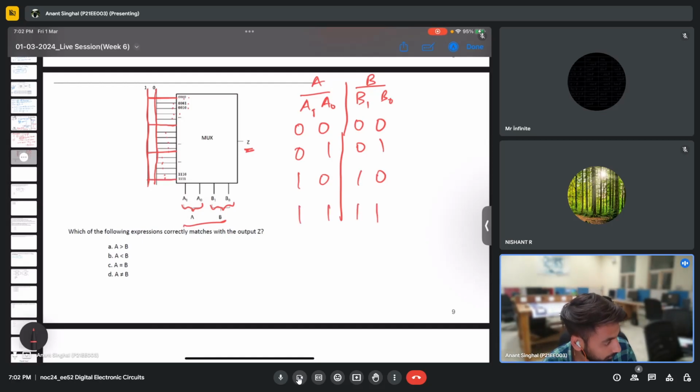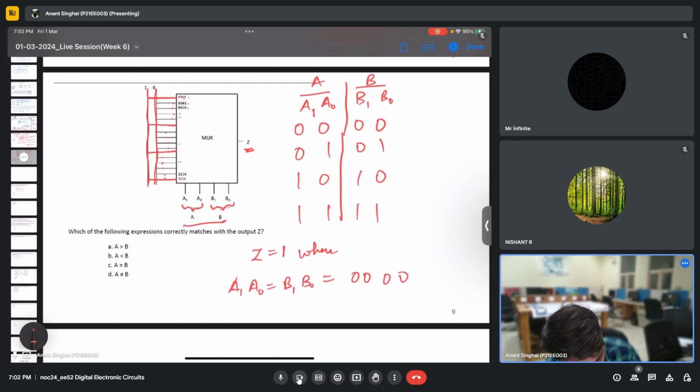Now you can clearly see Z equals 1 when A1 A0 equals B1 B0. Why? For the first case, it is 0, 0 and 0, 0. Similarly for the second case, it is 0, 1 and also 0, 1.